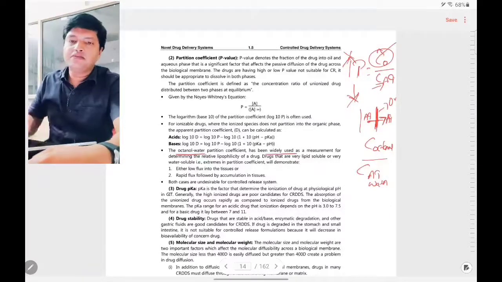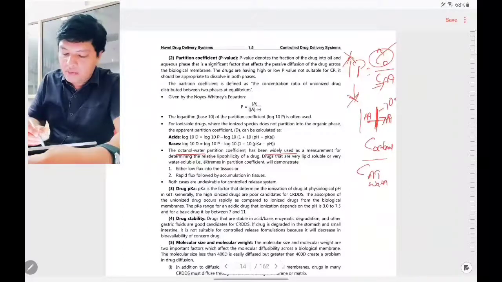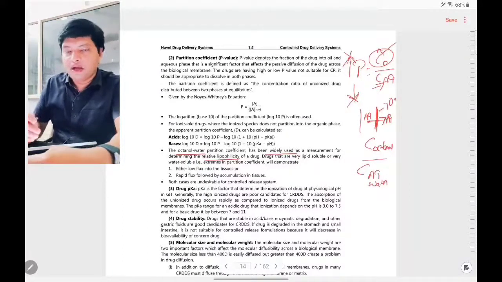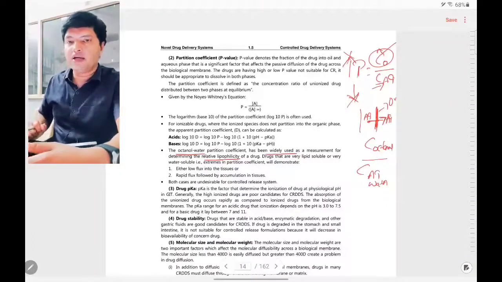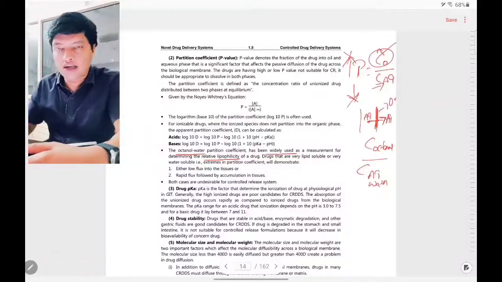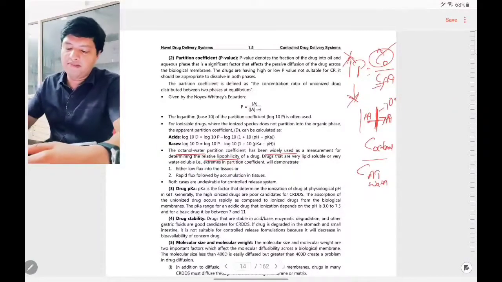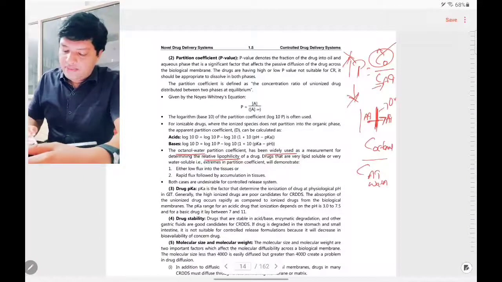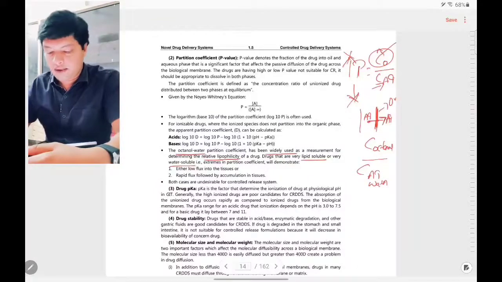See, it is given. It has been widely used as a measurement for determining the relative lipophilicity of the drug. If it is staying in octanol more, then we can say the drug is highly lipophilic. If it is staying less in the octanol layer, we can say the drug is less lipophilic. Drugs that are very lipophilic, lipid soluble, or very water soluble, both extremes are not recommended here.